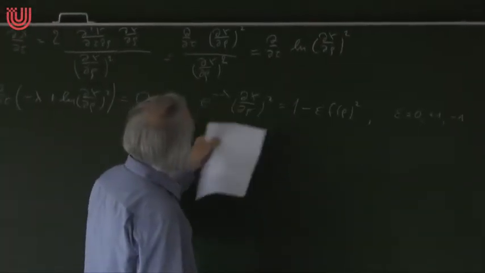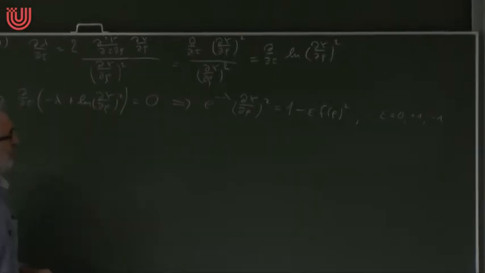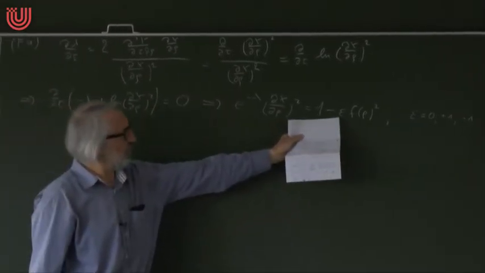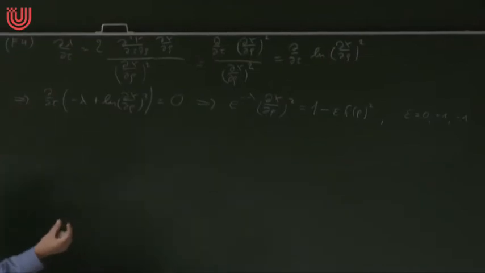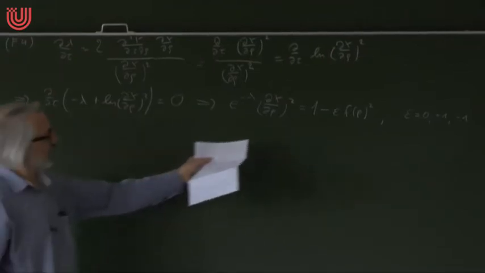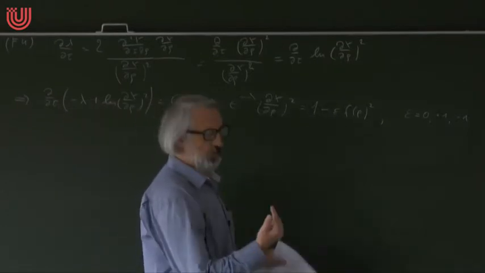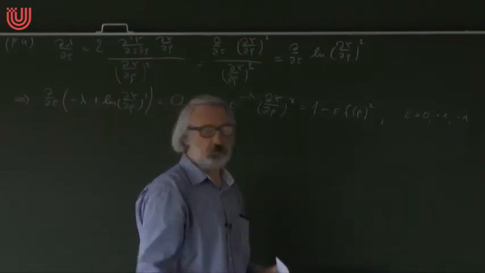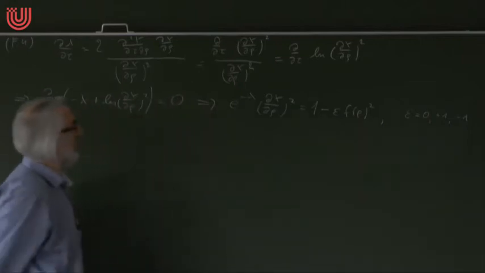Right? If this expression happens to be equal to 1 on a certain interval, then I choose epsilon equal to 0. If it is not equal to 1, then it must be either smaller than 1 or bigger than 1. So by choosing the sign of epsilon appropriately, I get on a certain interval then a solution. How far this interval extends is another question. We have to see later how far we can extend the solution.